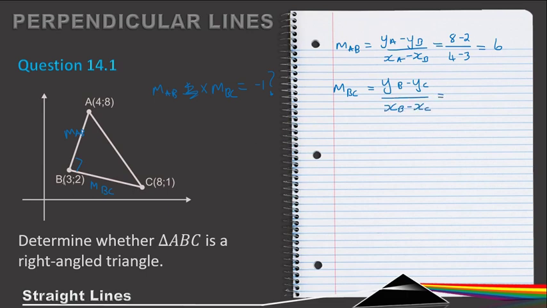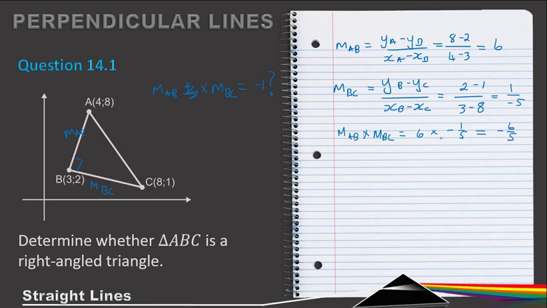Substitute, so yB is 2 minus 1 over 3 minus 8. So this gives me 1 over -5. Now let's multiply them together. Gradient of AB multiplied by gradient of BC is 6 times -1 over 5. This is equal to -6 over 5.